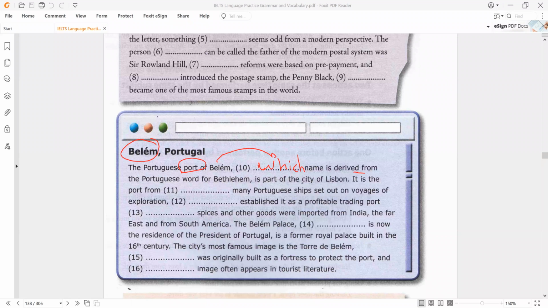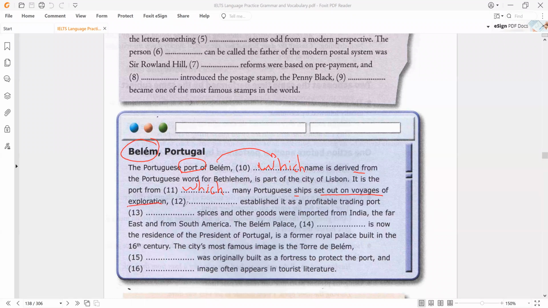It's part of the city of Lisbon. It is the port from which many Portuguese ships set out on voyages of exploration.